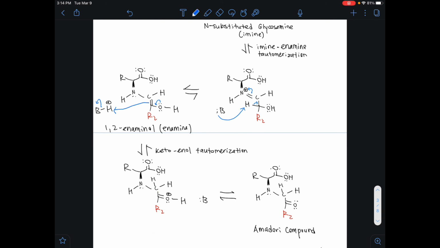Then this positively charged OH group oxygen is not very good at carrying positive charges, so a base comes and deprotonates this oxygen, which results in the electrons from this bond moving down to the oxygen. Now the oxygen is neutrally charged, and it results in the formation of an Amadori compound. These tautomerization events are collectively known as the Amadori rearrangement, and this Amadori compound can react further to produce melanoidin.